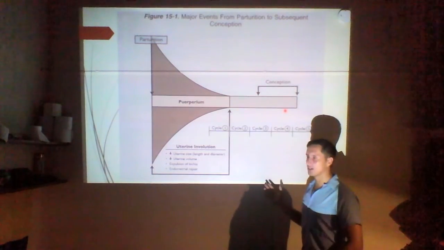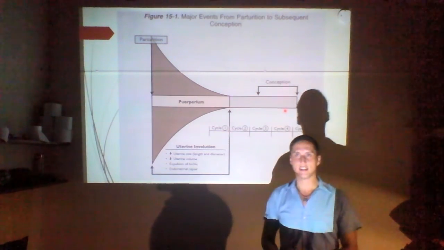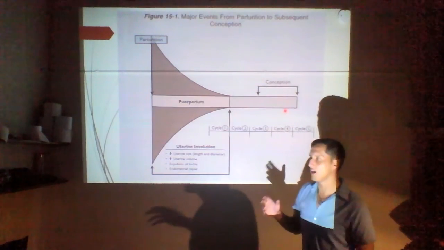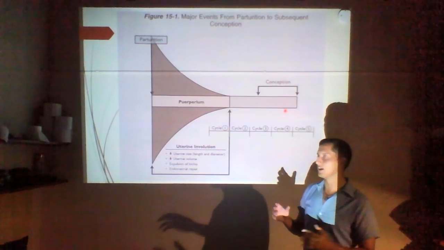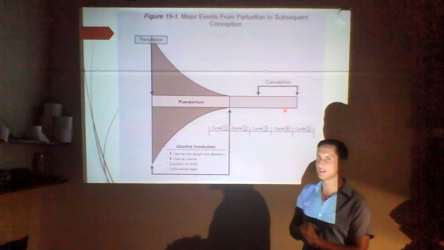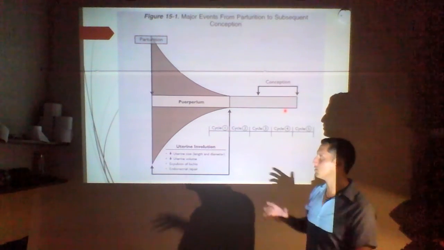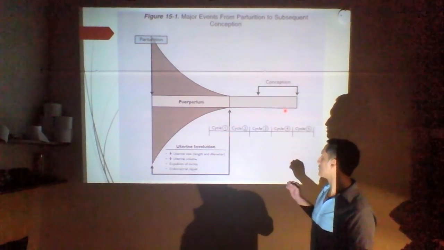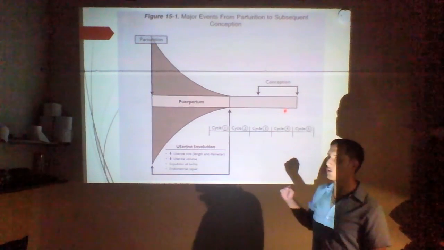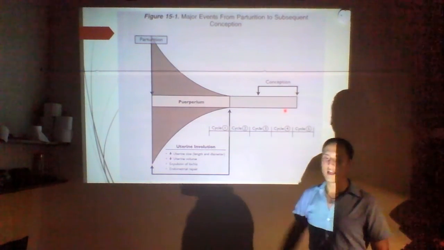So the third cycle is the indicated one, and so we have a time that we have to wait, around 16 days up to 72 days, so we could have a new conception.